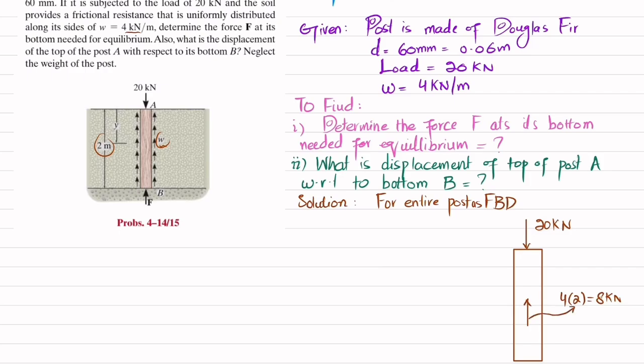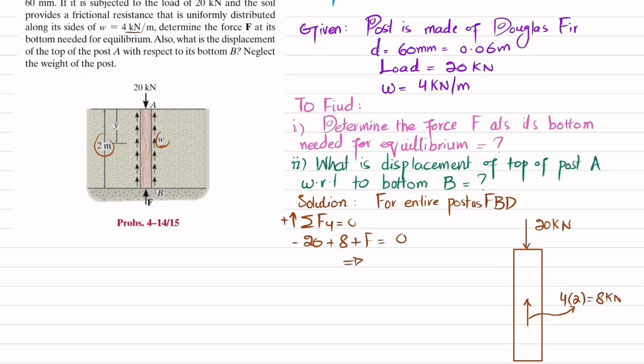Now we'll apply the equation of equilibrium: the sum of all forces along the y direction must be equal to 0, and upward force is taken as positive. So you can see one force which is upward, the second force is this force which is upward, and the third force, this 20 kilonewton, is downward. Their sum must be equal to 0. So minus 20 kilonewton plus 8 kilonewton plus this force F is equal to 0.